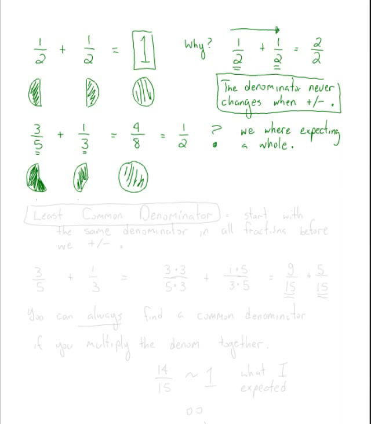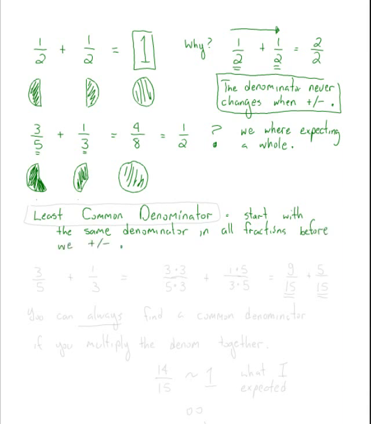So what we have to have is a least common denominator, and what that means is we have to start with the same denominator in all fractions before we add or subtract.